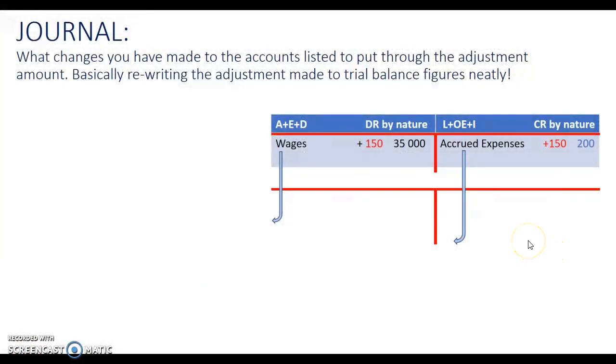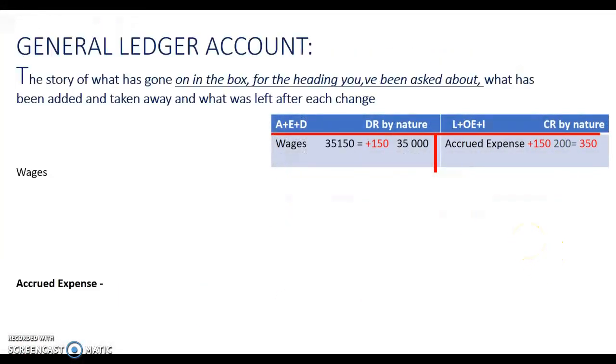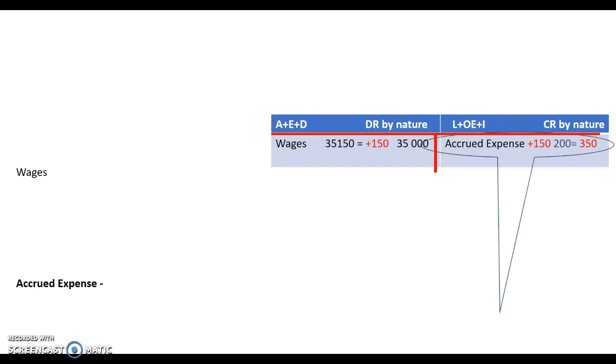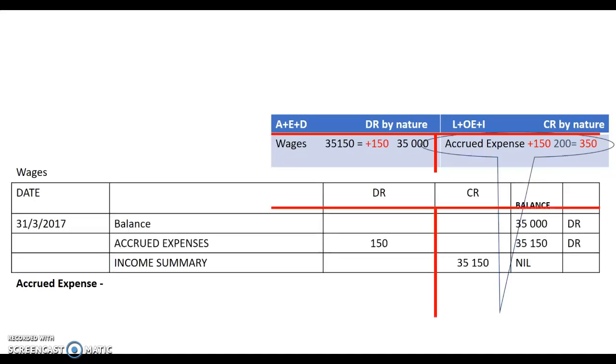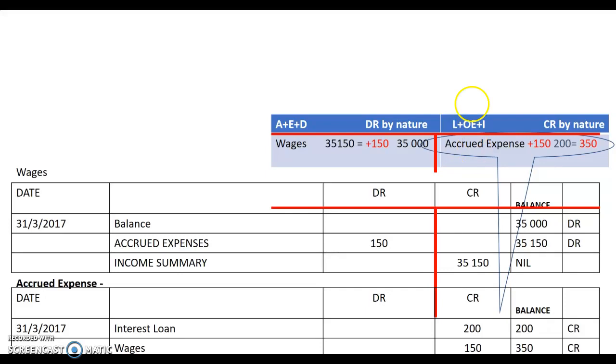Now let's have a look at the general ledger account, and remember this is a story of what's gone on in the books. Goodness me, it's got a bit messed up here, but I think we're getting there. If I were to look under my wages, it says, please tell me the story of what's gone on under that wages heading. They told me that I started off with 35,000.